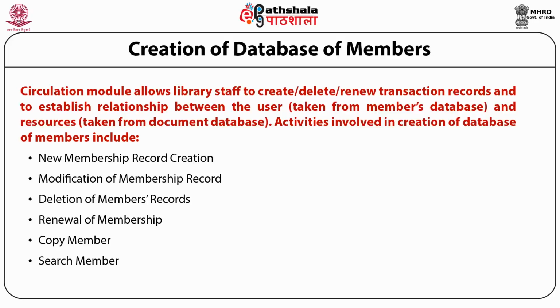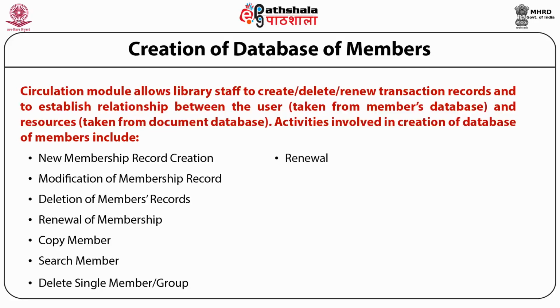Number 7, delete single member or group. There are two options for this. That means for deleting the membership record, either delete single member or one can also delete the entire group of members. Number 8, renewal.